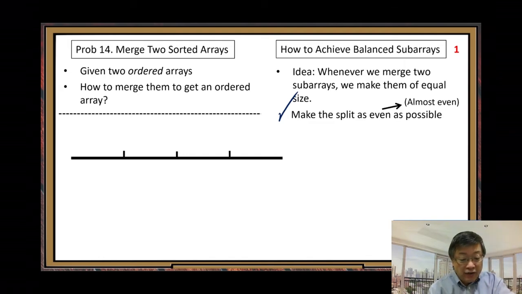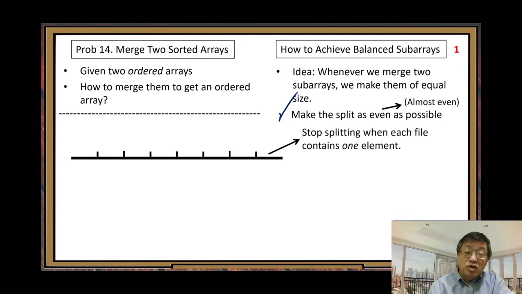After that, the remaining two subarrays we have right now, we do the same thing. Split in the middle, or near the middle, and so on. We keep doing that, keep splitting all the way down to the bottom. Eventually, we have to stop, right?